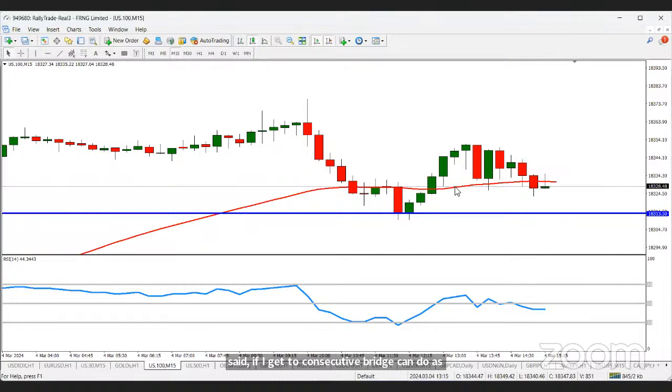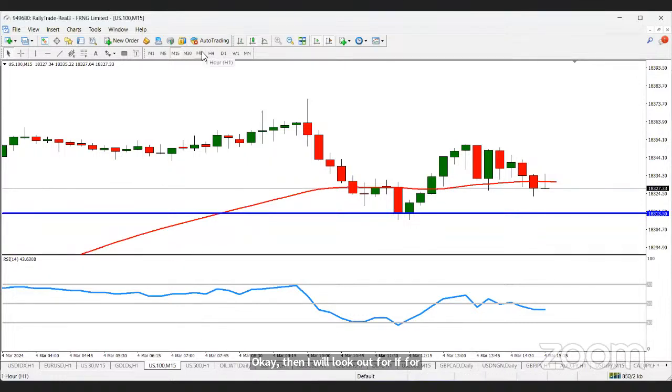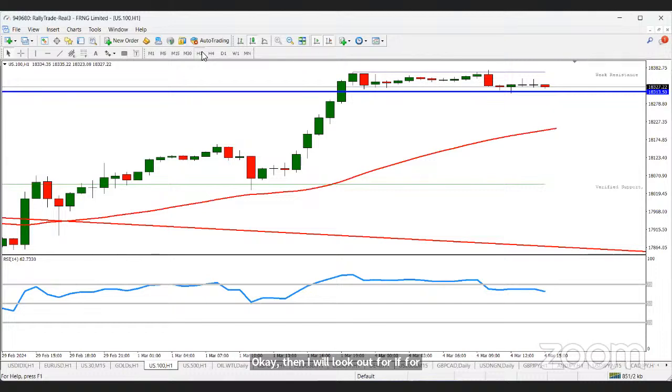Now, if it closes below 18,310, then I will look out for a further sell. But if the dollar is going to gain strength, then US 100 might actually make more bearish move.